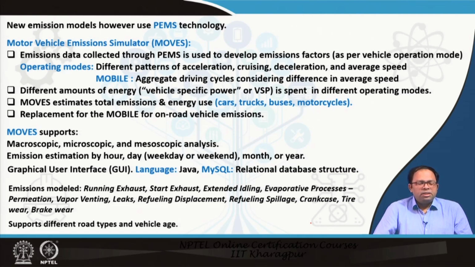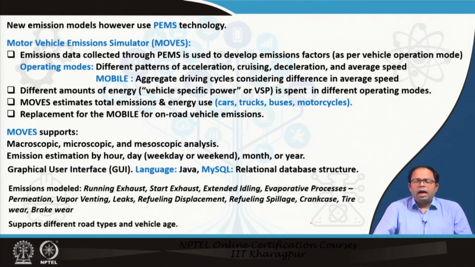That means emission data is collected when the vehicle is in operation, and at different operation modes, we understand how the emission factors will vary, and that is being adopted. And these operation modes actually mean different patterns of acceleration, cruising, deceleration, and average speed.